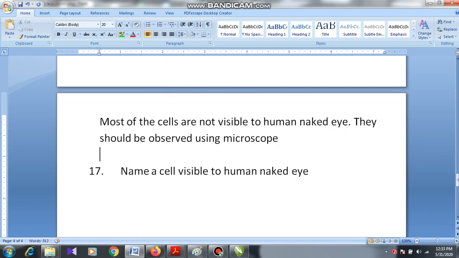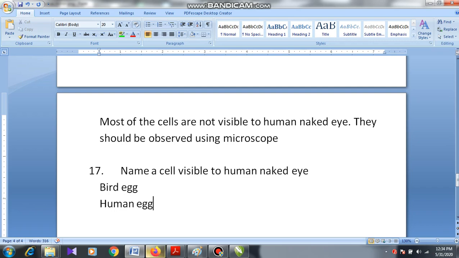But some cells are visible to the human naked eye. Which one? The bird egg. Even the human egg is visible to the naked eye, but we don't observe it closely. But a bird egg is much bigger.